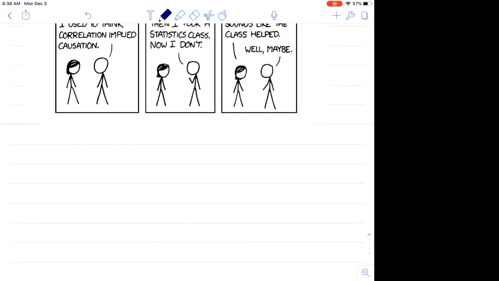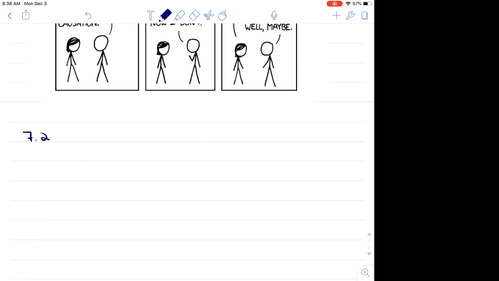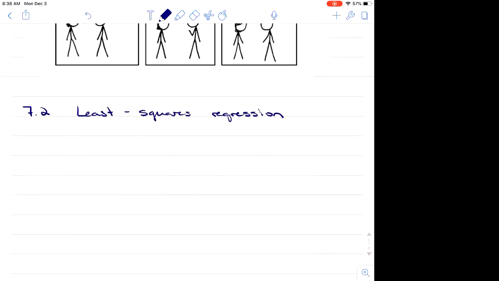So, let's get into 7.2, which is actually called least squares regression. Now, we can call this a regression equation. We can call this a regression model. We can call it a linear model.